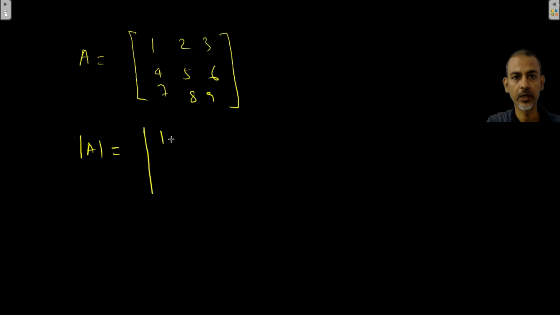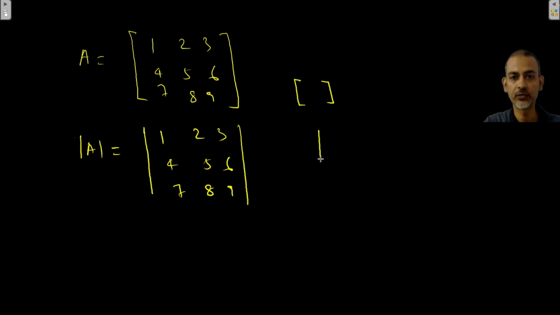You have to write 1, 2, 3, 4, 5, 6, 7, 8 and 9 like this. Just remember, matrices have this kind of bracket and determinants have two parallel lines with no angles at all, alright?